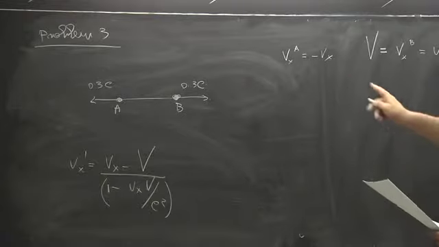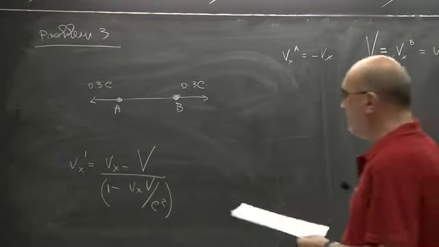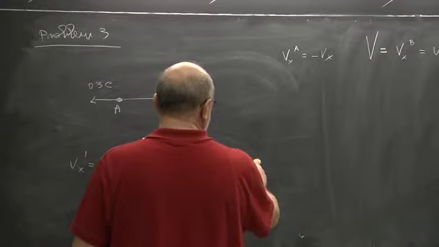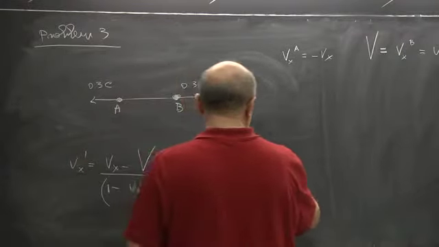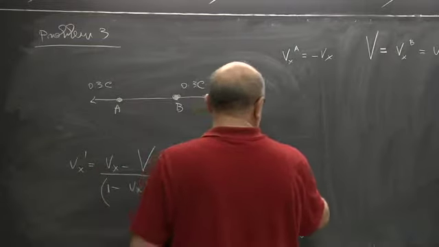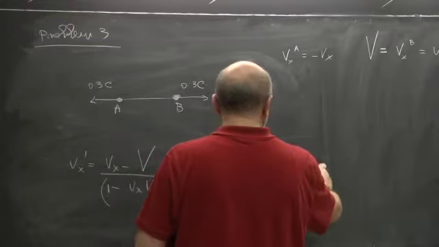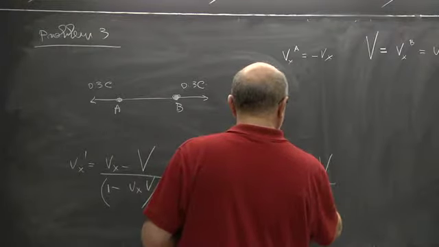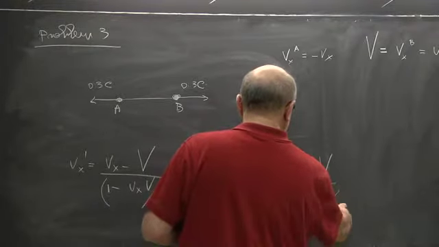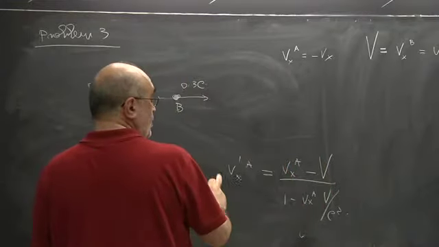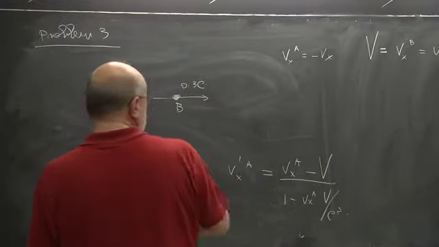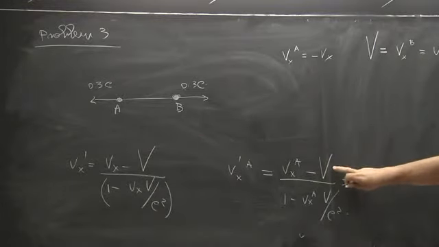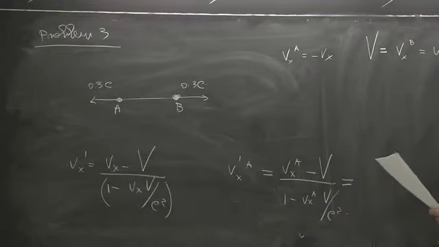Now we have all the numbers to insert here. We want the velocity x prime of galaxy A, so we put in Vx of A minus V, over 1 minus Vx of A times V over c squared. We only have to change and put here Vx.